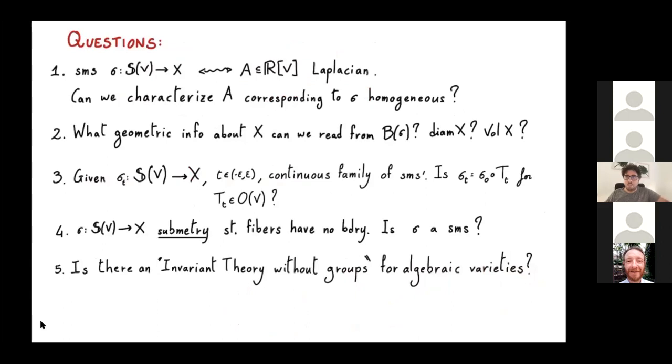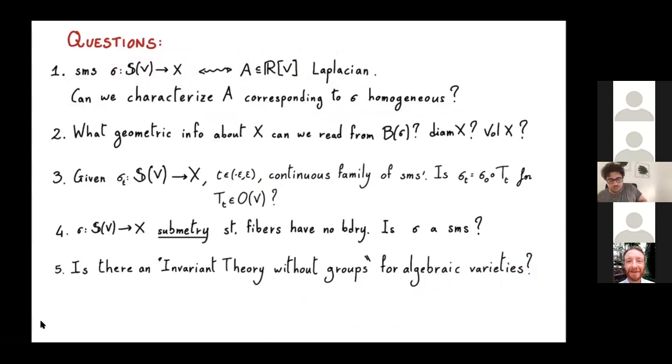I will finish with my questions here, and I will go very quickly. The first one is: we have a nice correspondence between spherical manifold submetries and Laplacian algebras, which is great. So far, there is no one-to-one correspondence or characterization known for those Laplacian algebras that come from homogeneous manifold submetries.